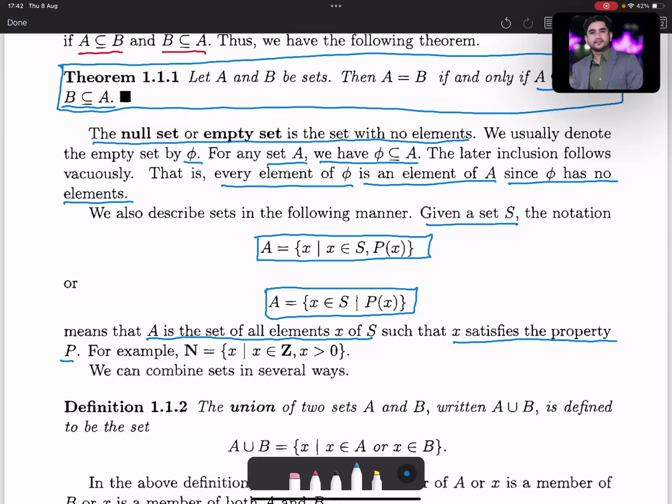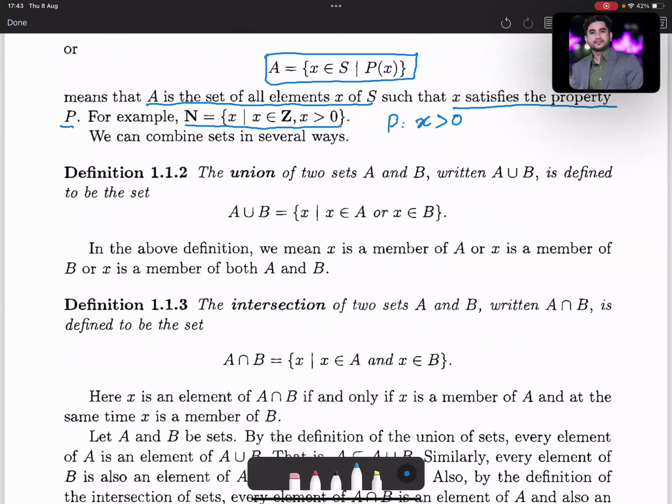For example, we have natural numbers, say integers, and P is that x is greater than 0. That's the property.